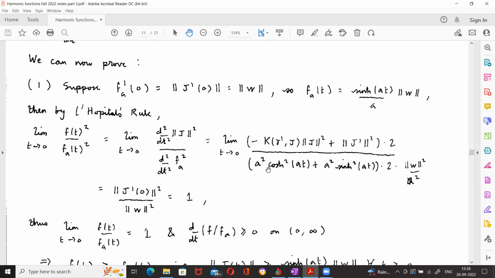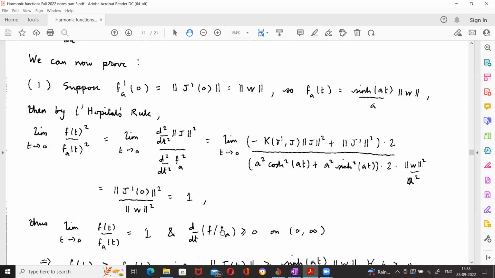This cos h squared will give me an a squared, and this sin h squared will vanish. The 2 has cancelled, so the a squared will cancel with the a squared below, and I'll just get norm w squared. So finally, I'll get norm j prime 0 squared divided by norm w squared, and this is equal to 1, right? Because j prime 0 is equal to w. So therefore, we get that the limit of ft over fat is equal to 1.